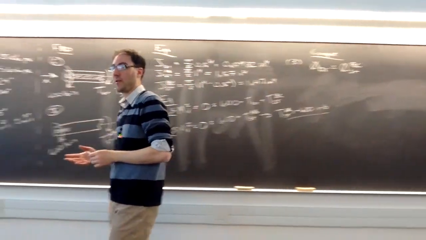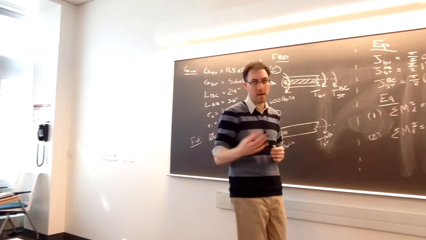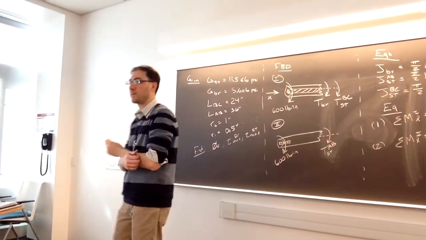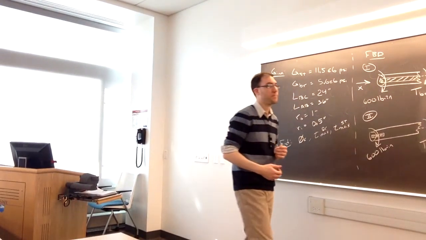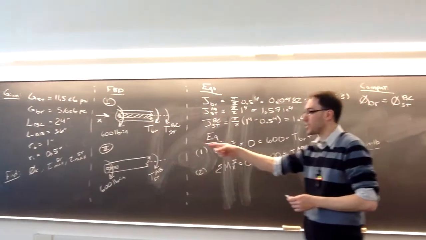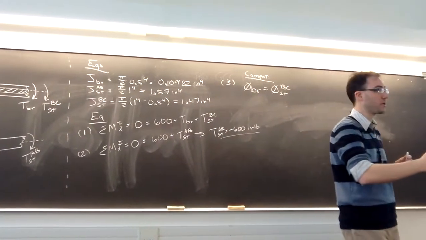Right, so that's true because they're in parallel, bonded together. What else do I need to know, or what other compatibility equation do I need to solve everything I'm looking for? The angle of twist at C is equal to the sum of the angles of twist for BC and AB. Right. Because I'm looking for the total angle of twist at C, I have to relate it back to the wall, which has 0 twisting.